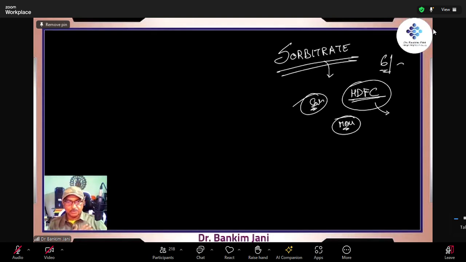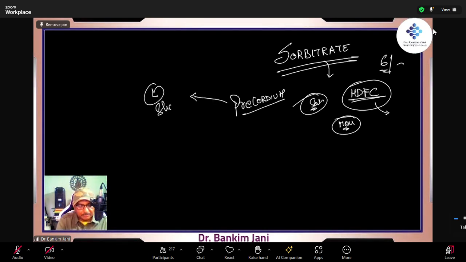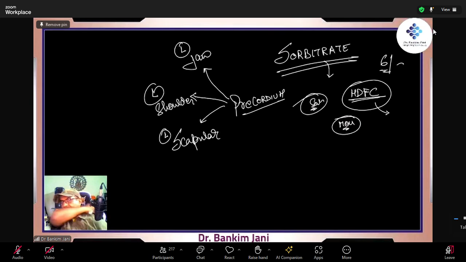If the pain is going towards the left shoulder, towards the back, or towards the jaw. Remember, it is not only the left shoulder. The pain may go towards the left shoulder, the left jaw, or the left scapular region, the back.